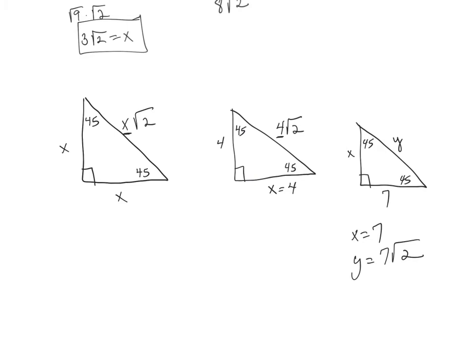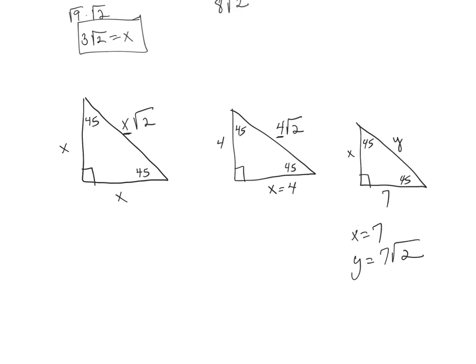So what we're trying to introduce here is the fact that when you have two 45-degree angles of a right triangle, the length of the legs will always be the same. If they weren't the same length, you wouldn't have a 45, 45-degree angle.